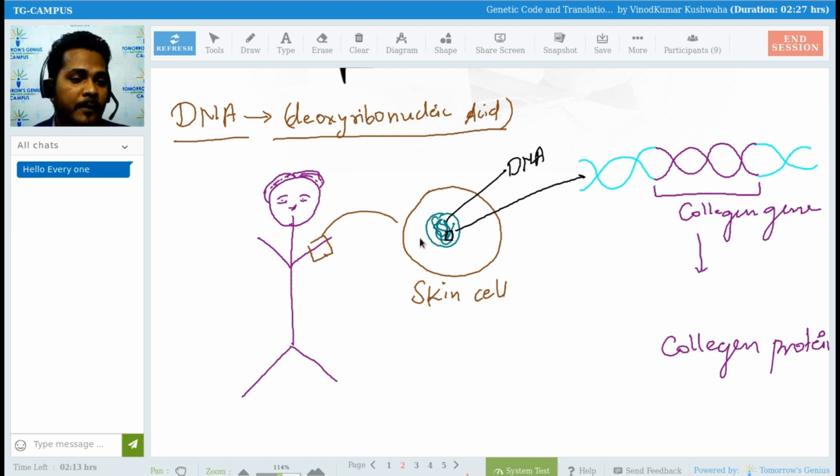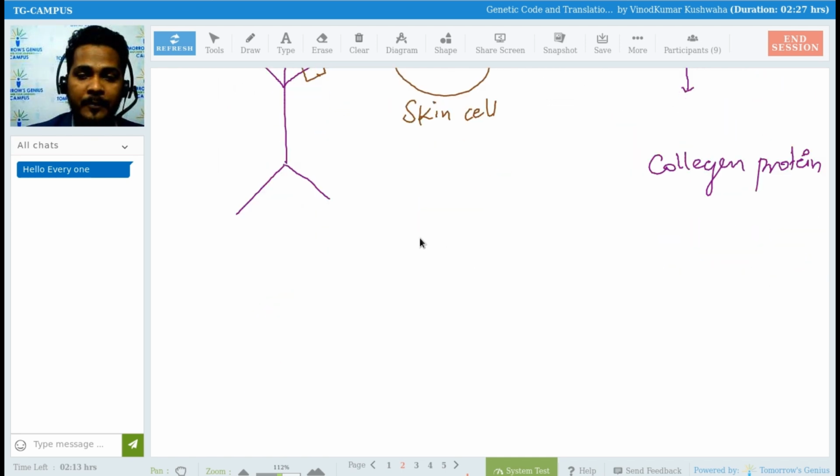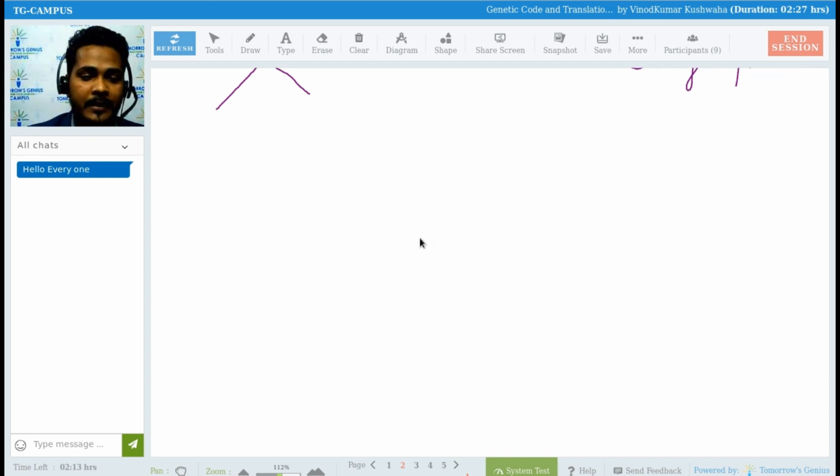So actually two steps are involved in this complete protein synthesis. One step that you know very well is called transcription, and the other step is called translation, right? So two steps are very important.